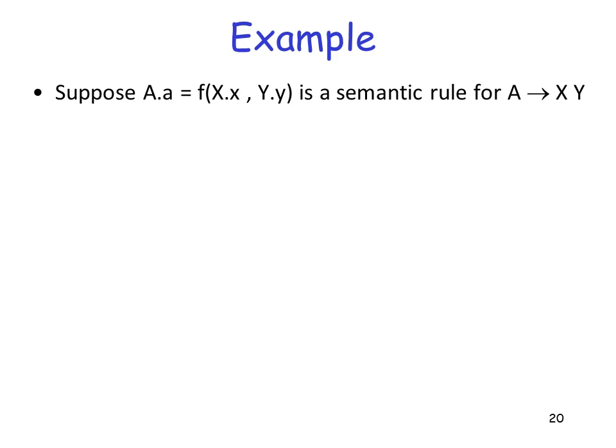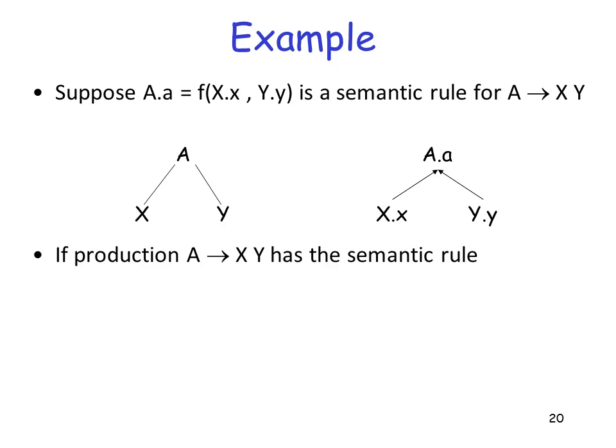So if f is a function over x and y, and after evaluating x and y it is assigning it to the small letter a, we can draw the graph like this. Both of the edges, arrows, will be pointing towards a. So this is a dependency graph.